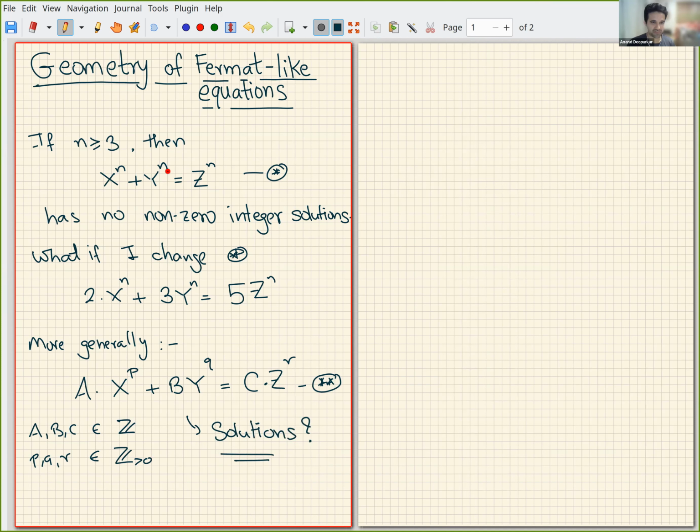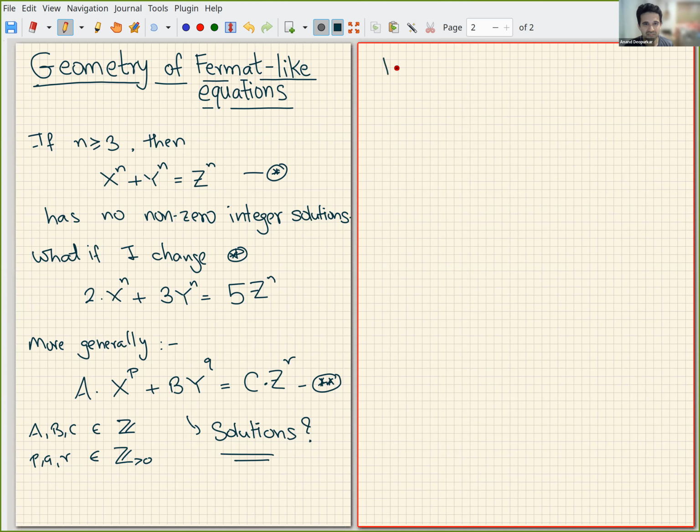And I mean, this one took a couple of centuries. How many more centuries will this take? I don't know. It's hard to say exactly how many solutions there are, but what I want to discuss today is a theorem that says that there are very few solutions. So the solution set is always finite.